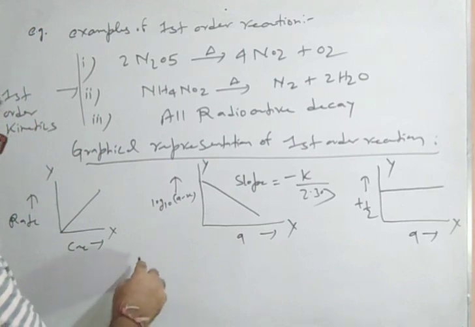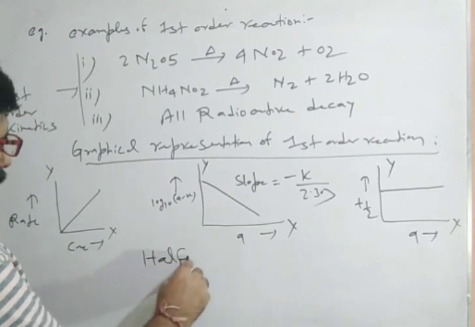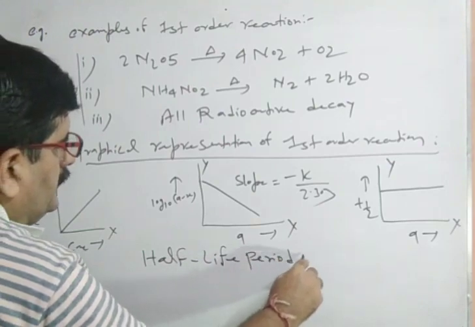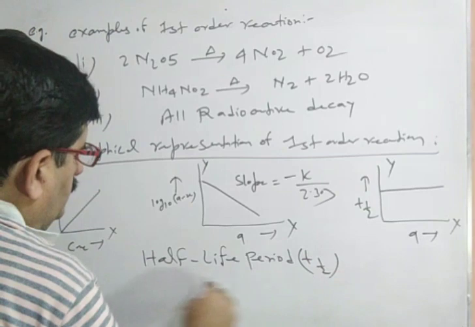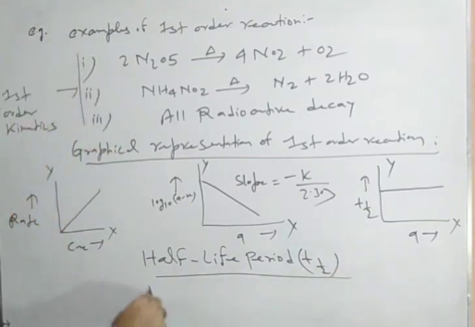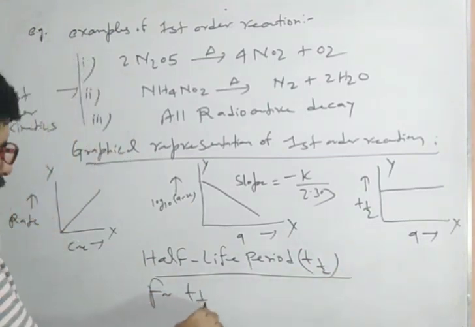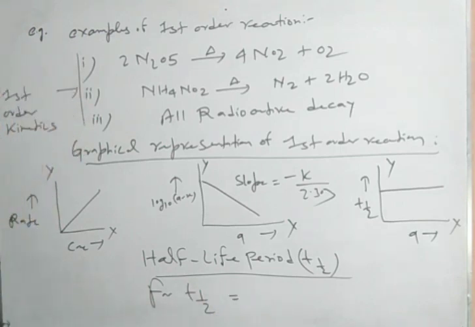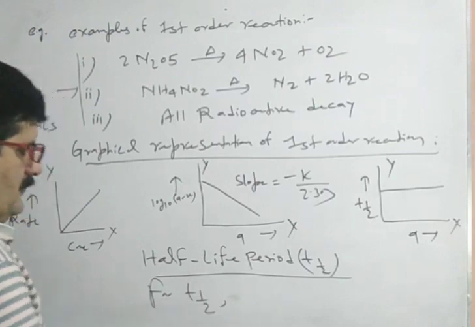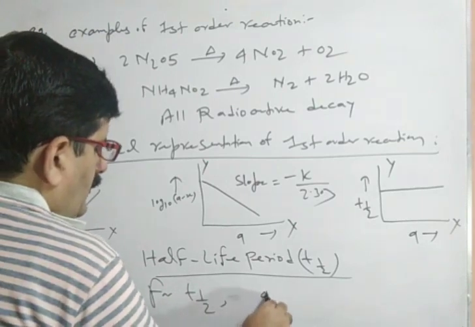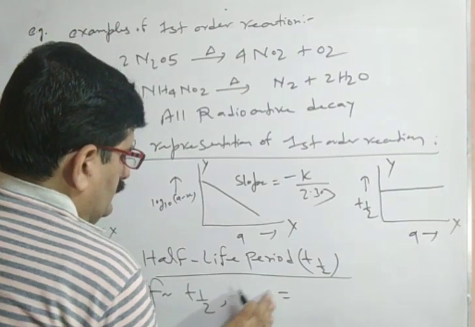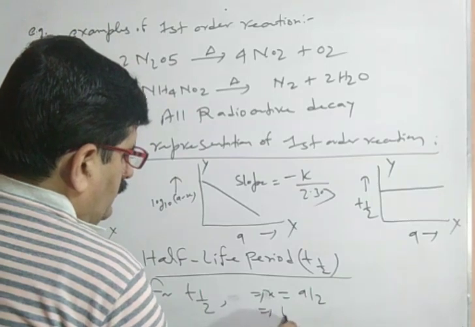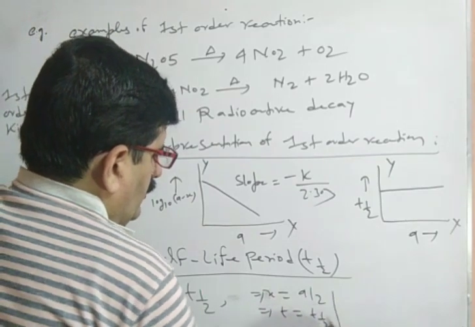What is the half-life period? For t half, we can write x is equal to a by 2 and t is equal to t half.